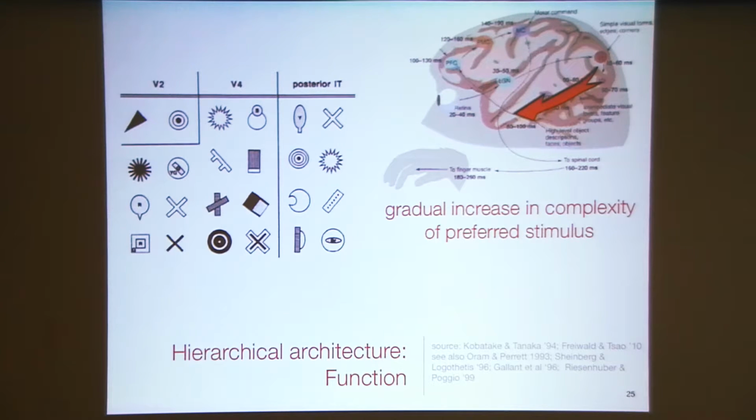Once you leave the primary visual cortex, people start finding tuning and selectivity for more and more complex stimuli. So here are examples of the kinds of stimuli that monkey electrophysiologists have been using throughout the years. You see that starting in area V2, one can find selectivity for something more complex than single orientations, like combinations of orientations. And then as you go up in higher and higher areas, one starts finding more and more complex preferred stimuli for the cells.